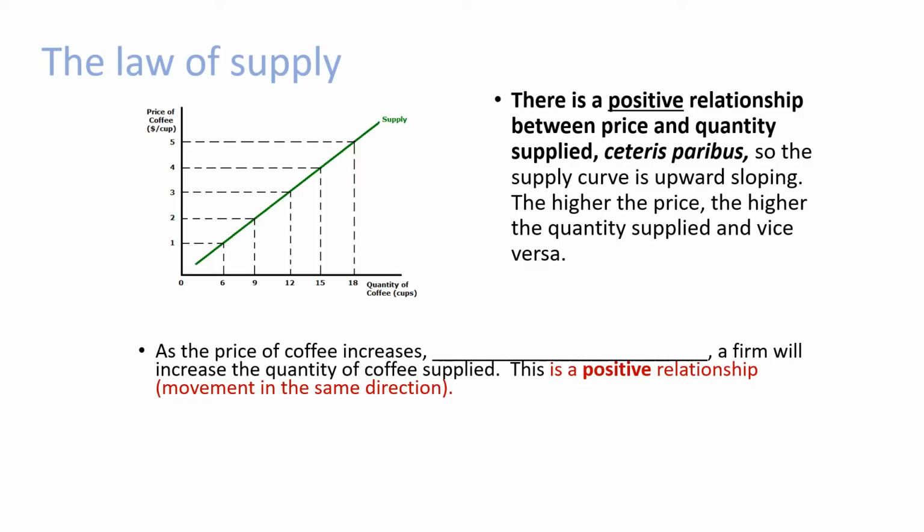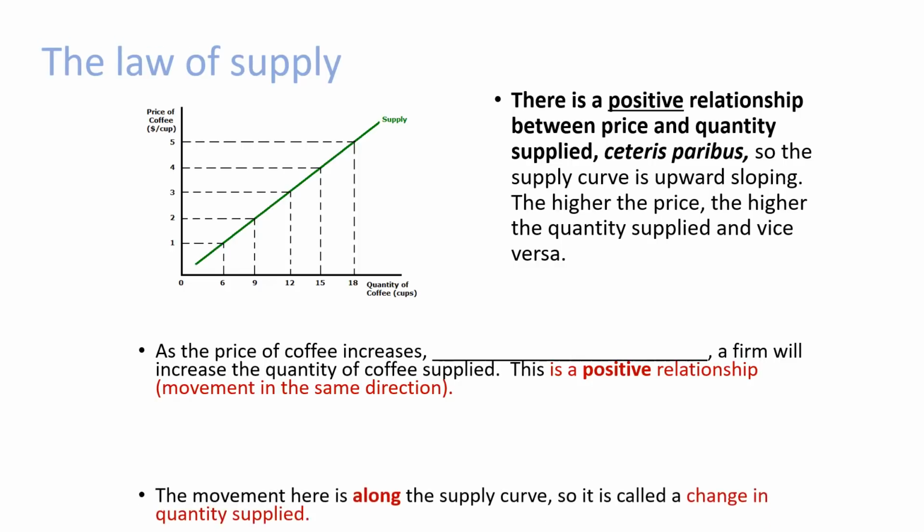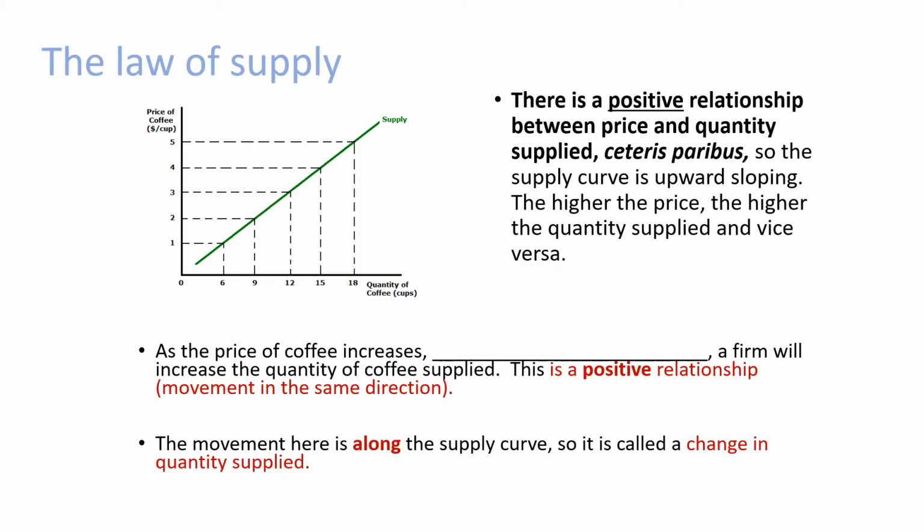And if there is a change in the price moving from one point to the other, we will have the same thing, which we call a movement along the supply curve, like moving from this point to this point. There is a change in the price.